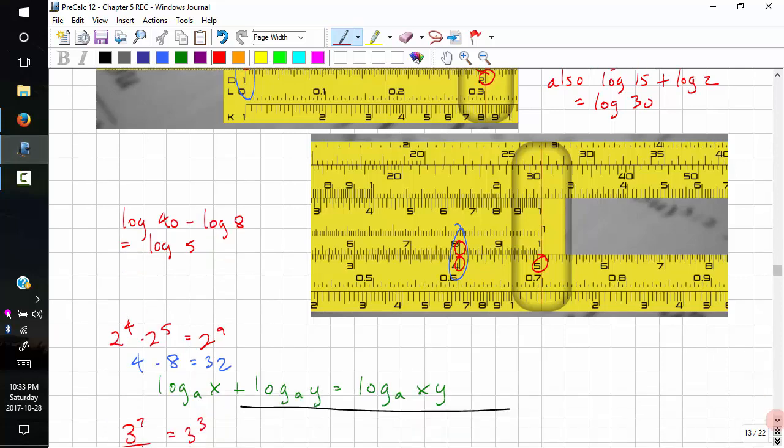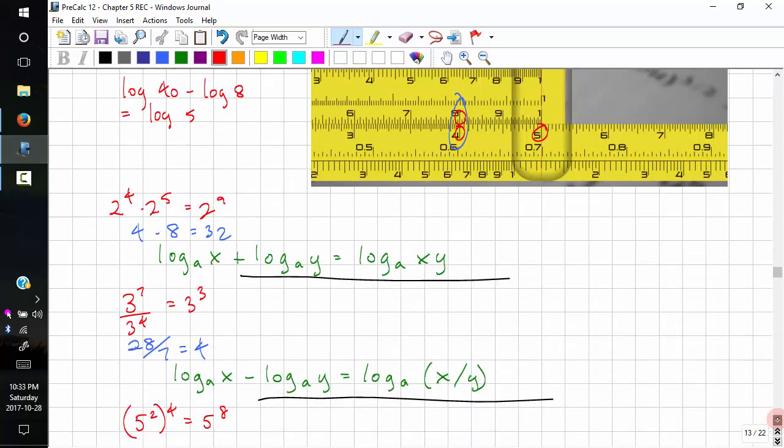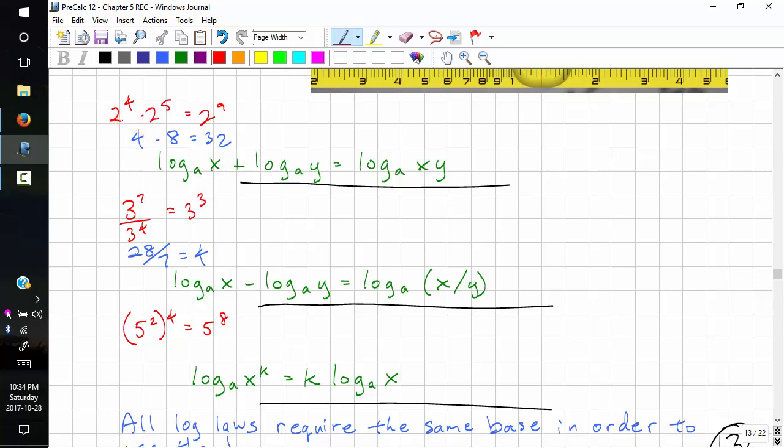Okay, let's look at some other log laws. So recall that if we're multiplying powers, 2 to the power of 4 times 2 to the power of 5, we add the exponents, we get 2 to the power of 9. Log 2 to the power of 4 plus log 2 to the power of 5, we get log 2 to the power of 9.